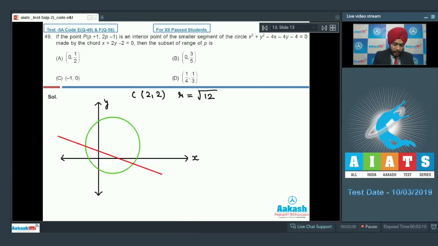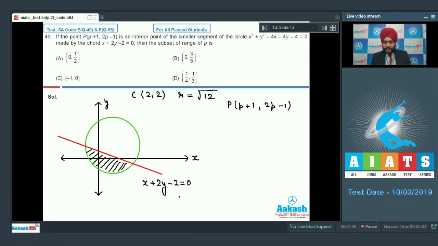So we need a point P which is given as (p plus 1, 2p minus 1) to be lying in this particular segment, that is the smaller segment bound by the given line and the given circle. So the equation of line is x plus 2y minus 2 equals 0.